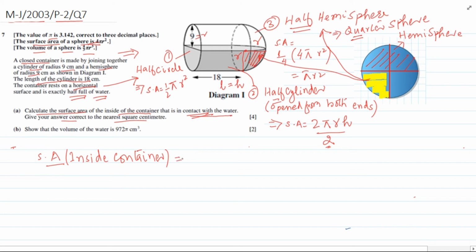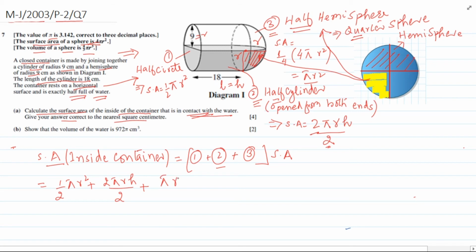Therefore, the surface area inside the container is equal to the first portion plus the second portion plus the third portion of surface areas. It is equal to 1/2 πr² plus 2πrh/2 plus πr².